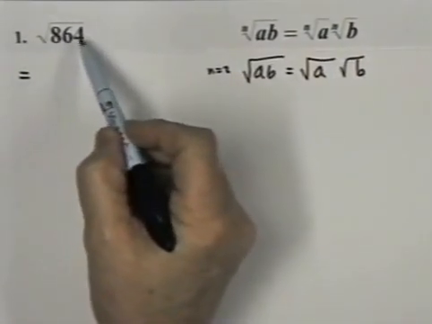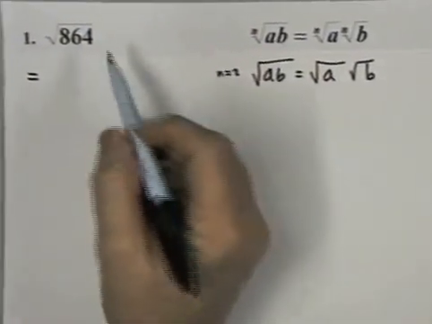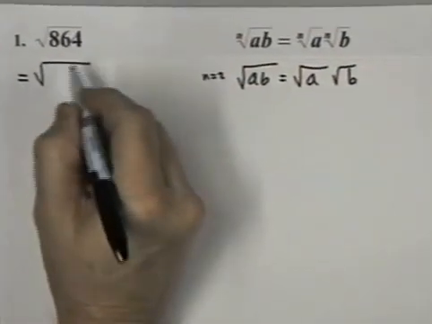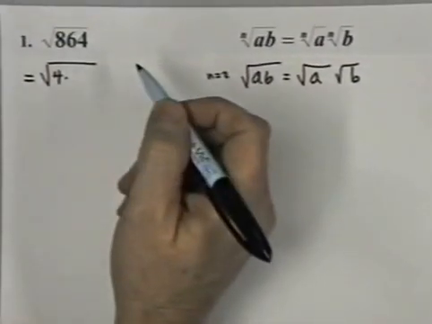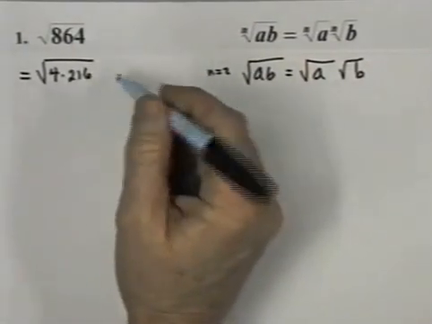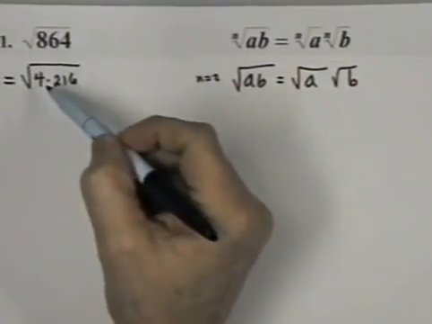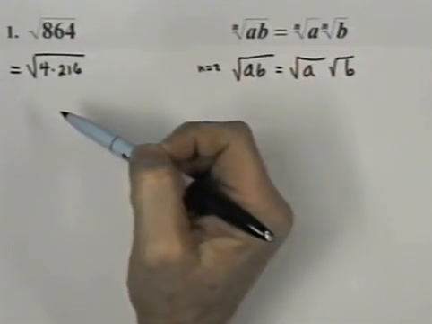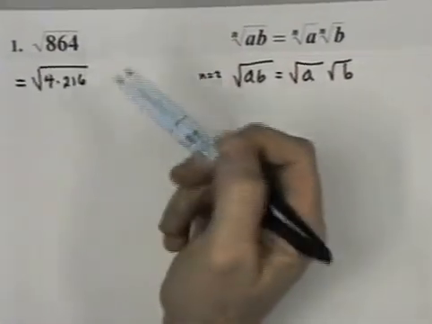But it might occur to you, looking at this, that 864 has a factor of 4 in it. That is, you can write 864 as the product 4 times whatever it takes to give you 864. Well, I happen to know it's 216 since I worked it out. And so I can write that as that product. And here's a no-no, because we know 4 is a perfect square, and we said that we don't want perfect square factors under our square root radicals.